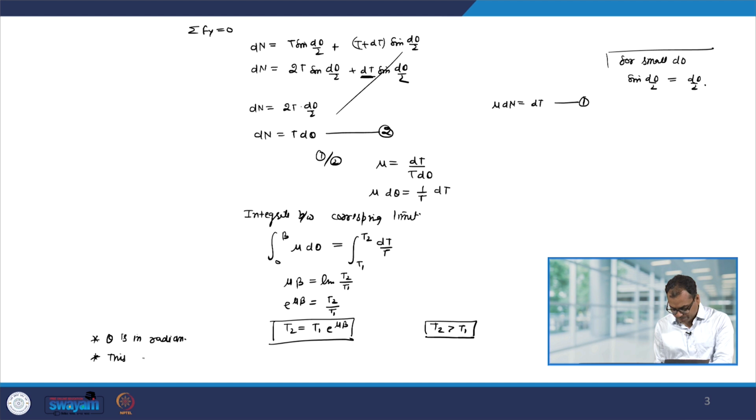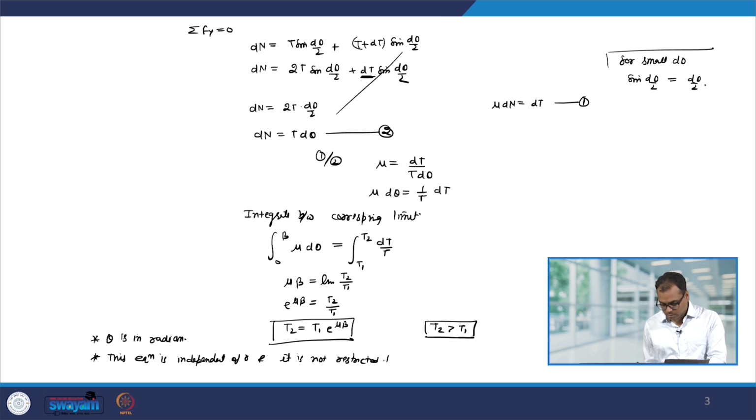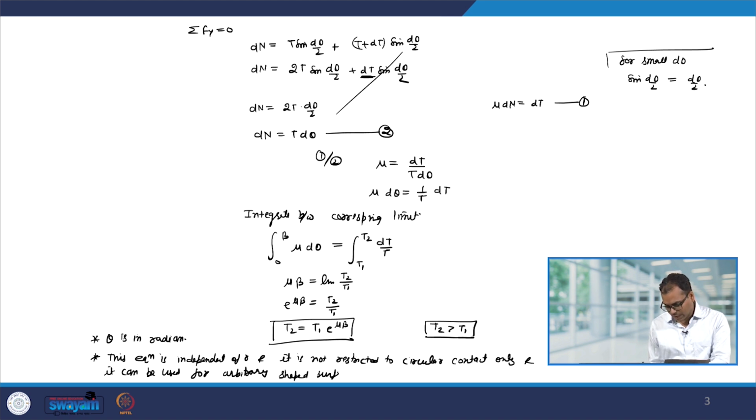Therefore, this equation is independent of r, and therefore, it is not restricted to circular contact only, and in fact it can be used for arbitrary shape or arbitrary shaped surface. With this very basic concept, now let us look at the examples.